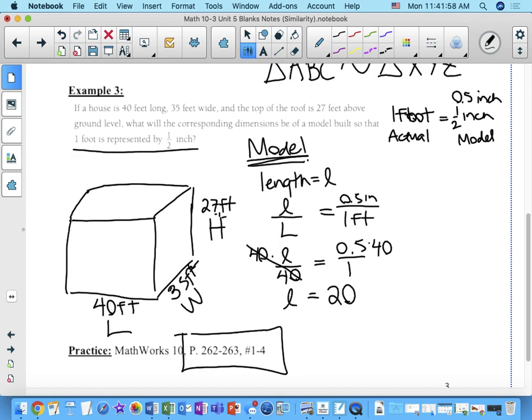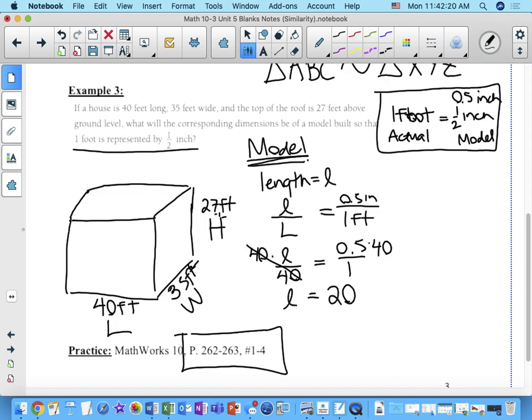The model is done in what units? Look up here. Happens to the best of us. What units is the model done in?